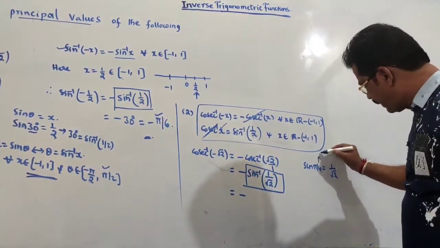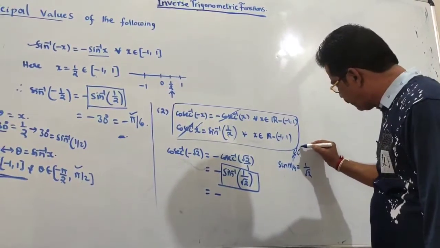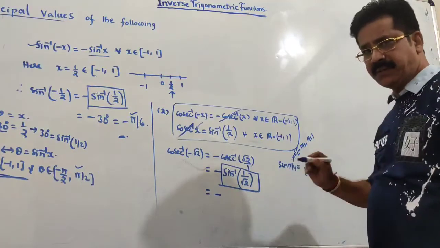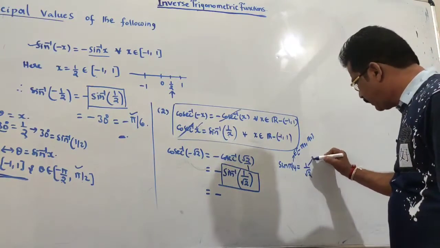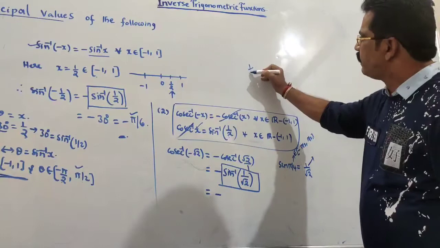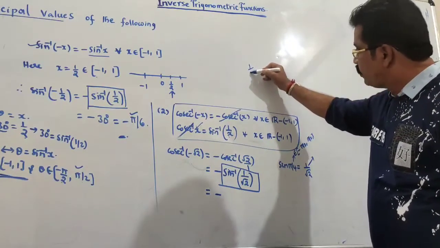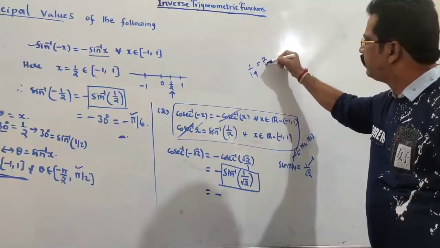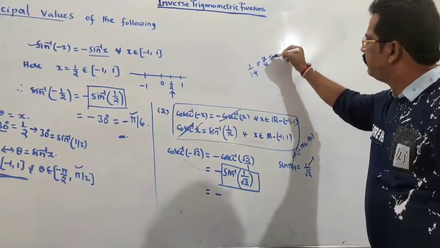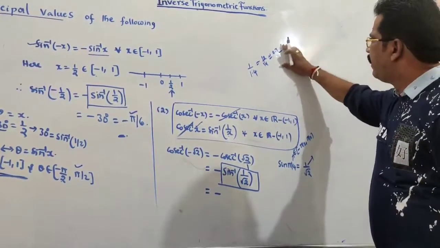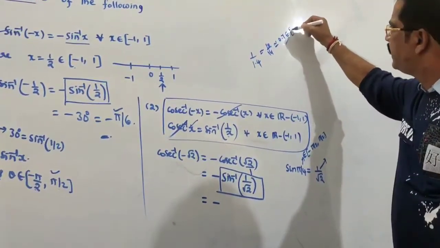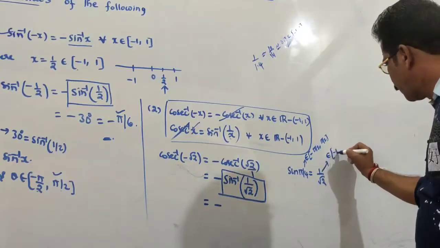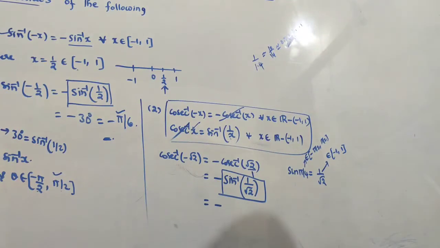Remember this pi by 4 belongs to closed interval of minus pi by 2 comma plus pi by 2. These are the main basic points. And this 1 by root 2, suppose root 2 value is 1.4, so approximately 10 by 14, approximately 0.7 something. Of course, it belongs to closed interval of minus 1 comma 1.